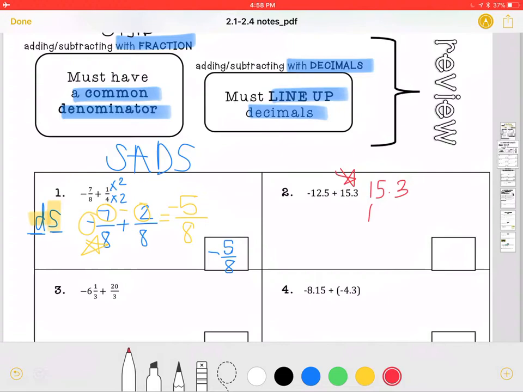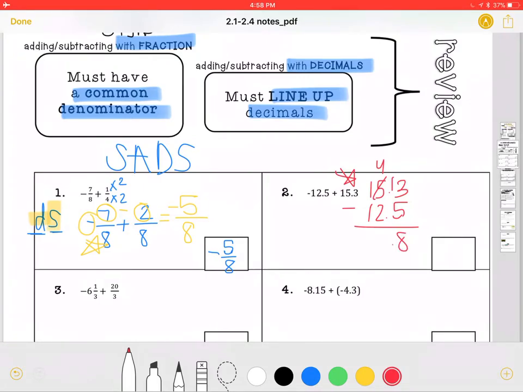We're lining up our decimal points. And then let's subtract these numbers. I need to borrow. What is 13 minus 5? Get you thinking for a second. Hopefully you got 8.